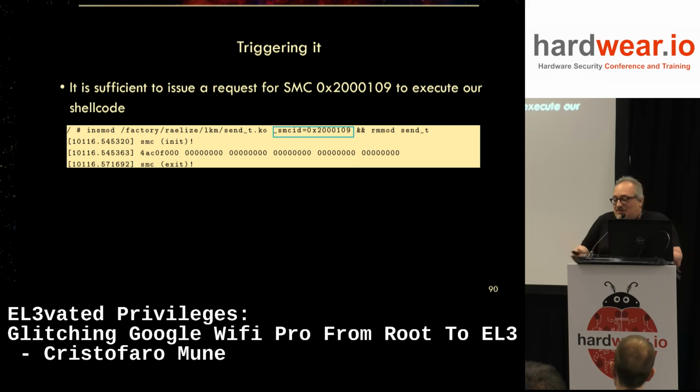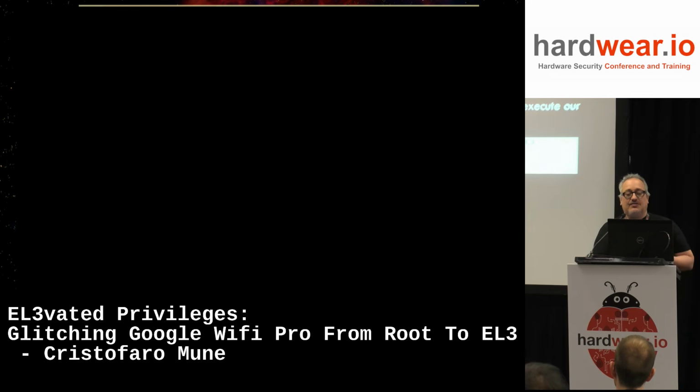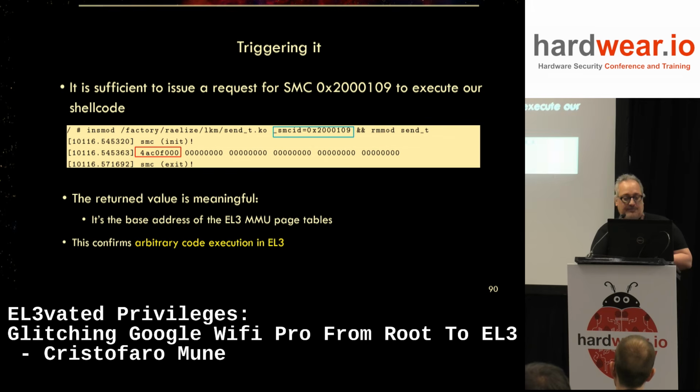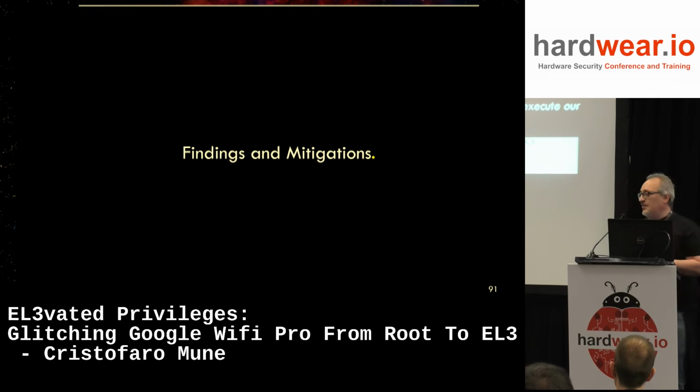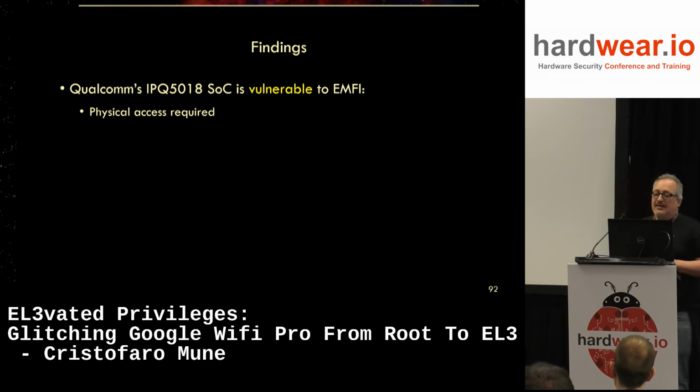Basically we do a request, we trigger our shellcode, and indeed we do see that the output is 4A C0 F000. This output is meaningful because TTBR0 contains the base address of the MMU page table. And this is indeed in secure memory. So we have actually proven that we got arbitrary code execution.